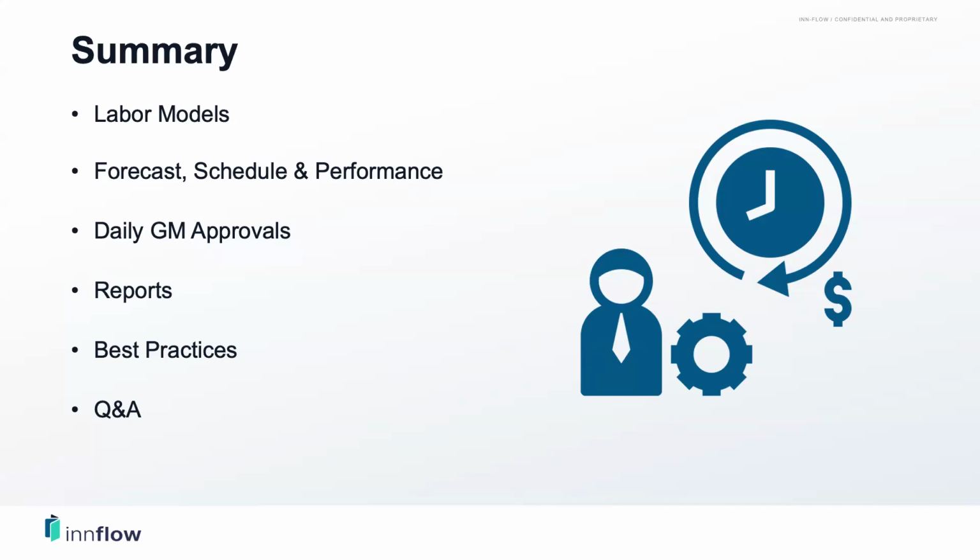So you'll change it to a lock. And all of those labor budgets on the performance and the daily GM approvals are calculated based off of your actual rooms occupied, not your forecast, once the day is in the past. So again, the schedule really pulls more off of the forecast. The performance tab pulls more off of your actuals from the accounting module.